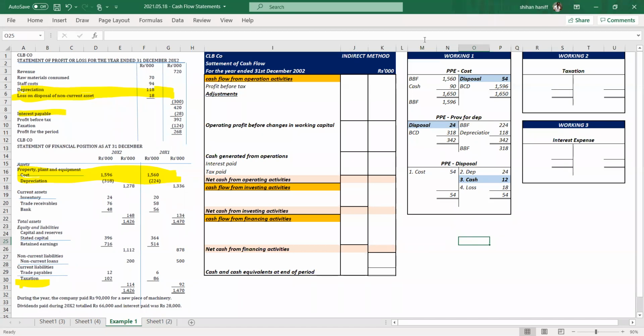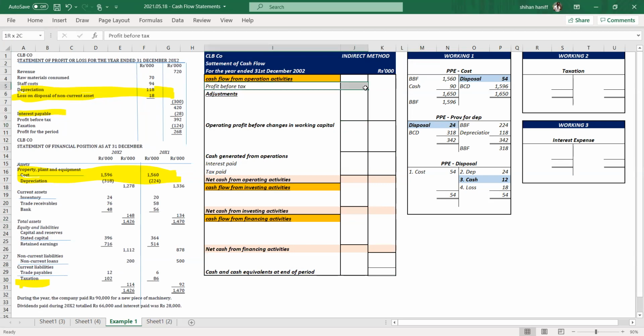Right. Now, normally in the PPE adjustment there are four transactions that will come for the cash flow.